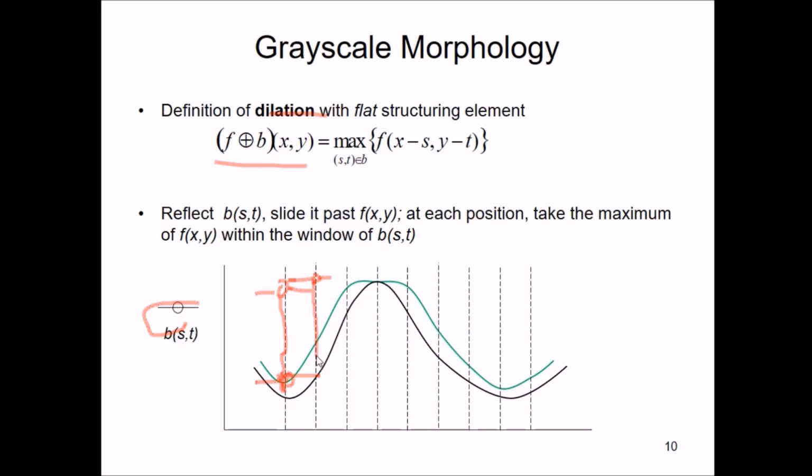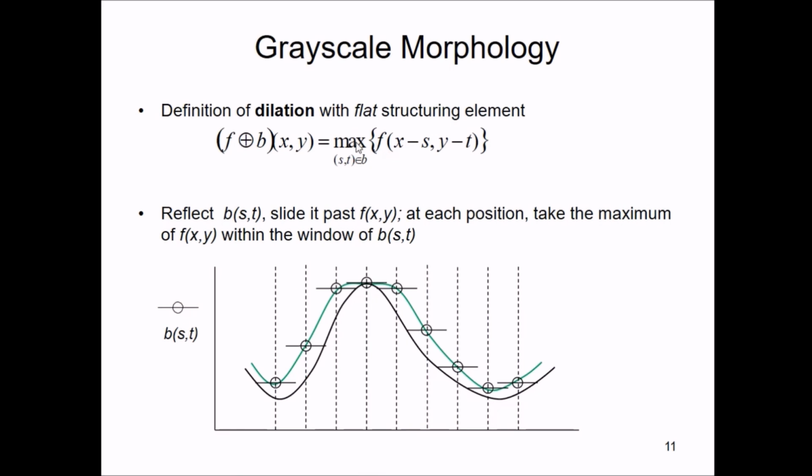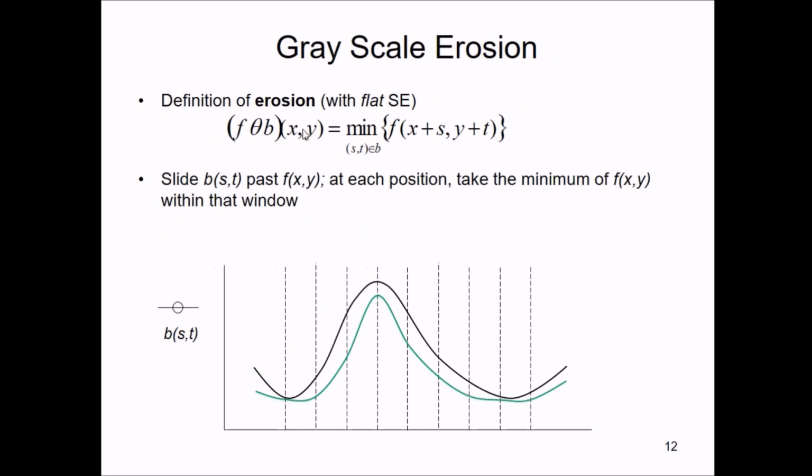We slide it, and it will come somewhere here and touch. We slide it until it touches the actual graph, and we make a graph of these maximum points. So we get the dilation here. In this way it is found.